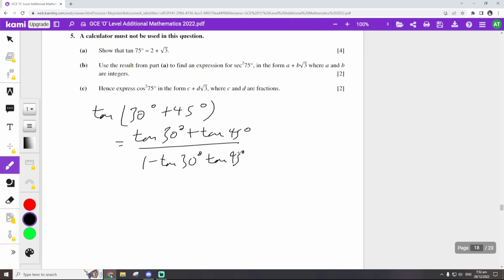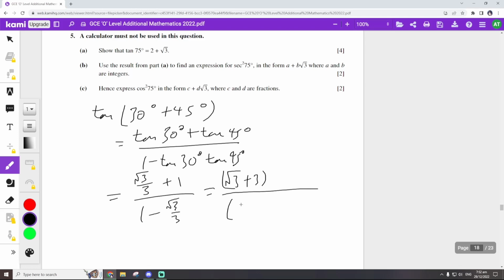But these are both special angles. We know that tan 30 degrees is 1 over root 3, or root 3 over 3, and tan 45 degrees is 1. So you get root 3 over 3 plus 1, over 1 minus root 3 over 3. Multiply the top and bottom by 3, and use conjugate surds. Okay, so I'll get 3 minus root 3 down here.